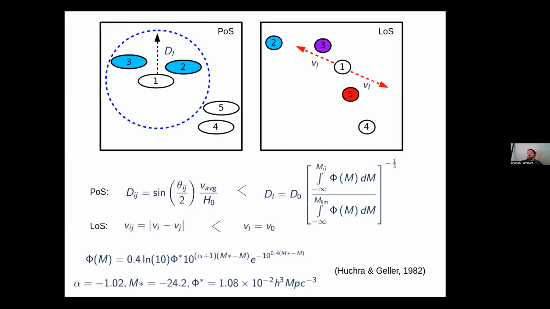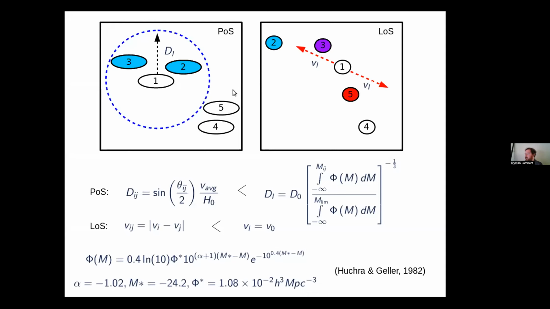This is an algorithm which has existed since Huchra and Geller in 1982, and it's existed for so long that it's nearly become biblical. You can't really argue with it. I'll explain briefly how it works.